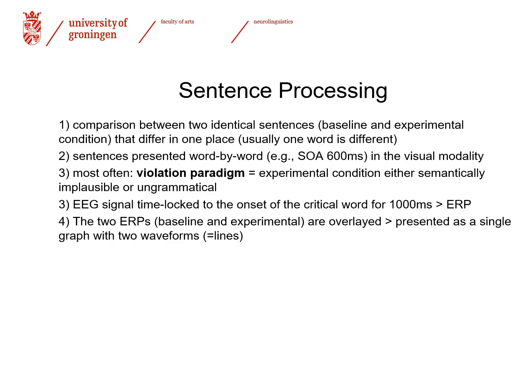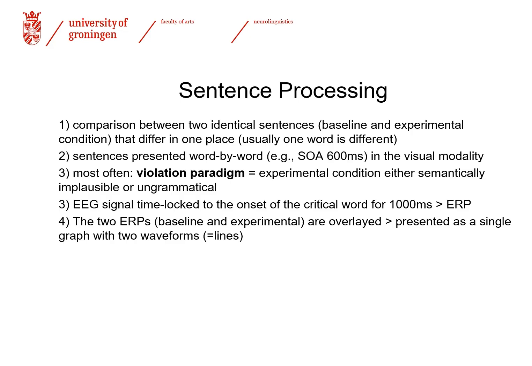What do I mean by this? Well, most often we use the so-called violation paradigm in sentence processing ERP experiments, meaning that the experimental sentence is either ungrammatical or semantically implausible. Most often this is achieved by manipulating a single word.